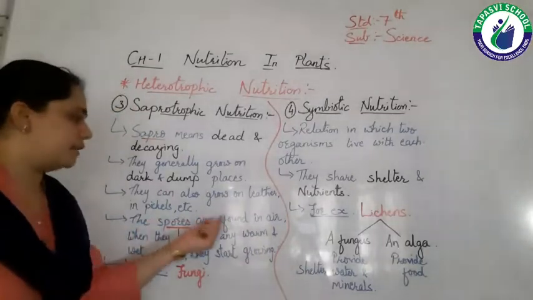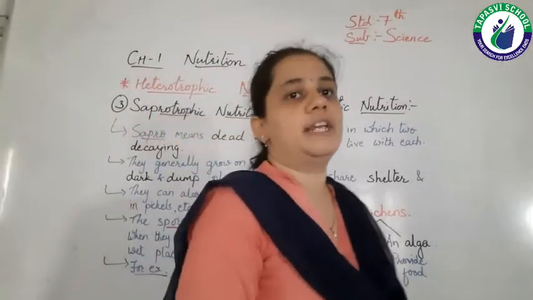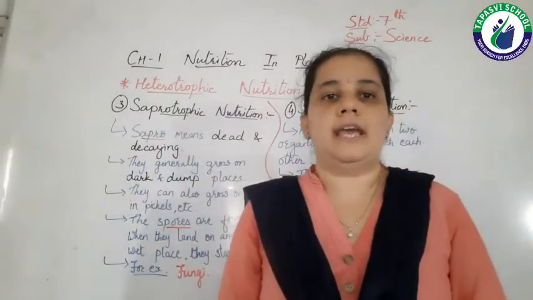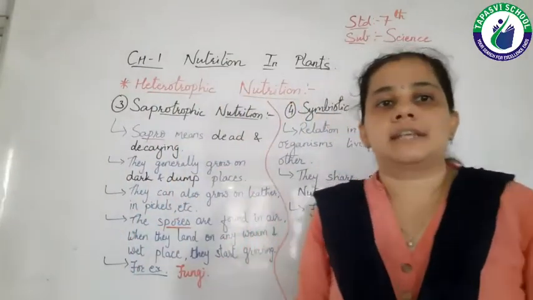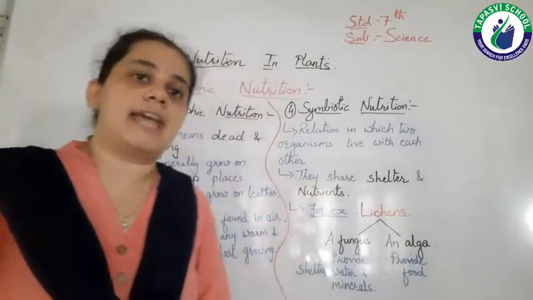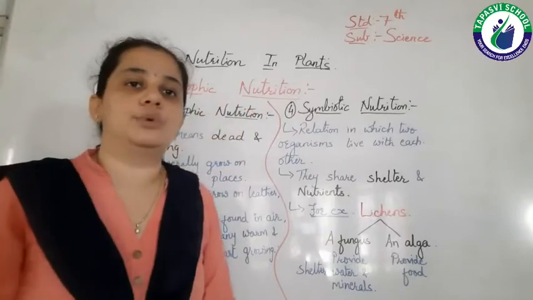So the spores are found in air. The spores of fungi are already present in air. Now when they land on any wet and warm surface, then they start to germinate, start to grow.